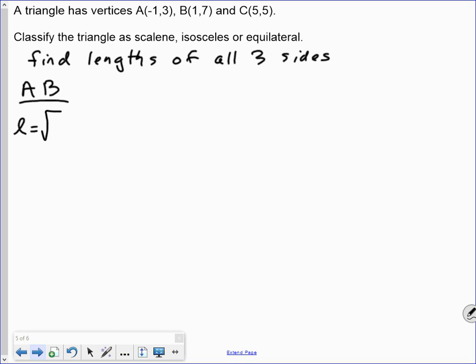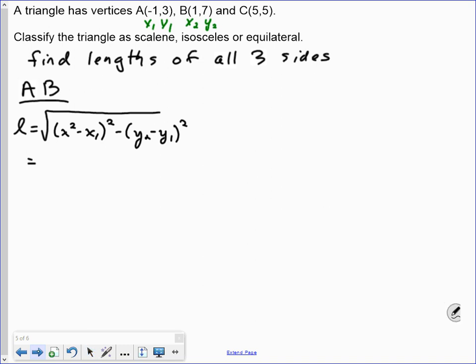To do this, we're going to be using our length formula, right off of our formula sheet. This is going to be the square root of x2 minus x1 squared plus y2 minus y1 squared.